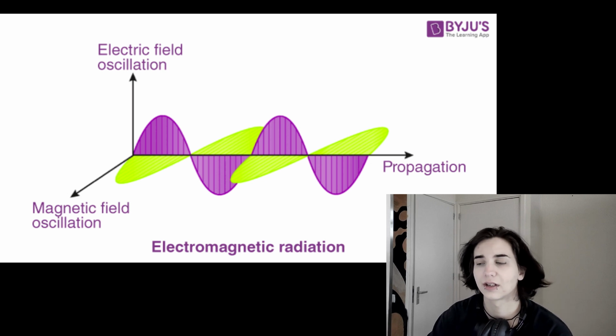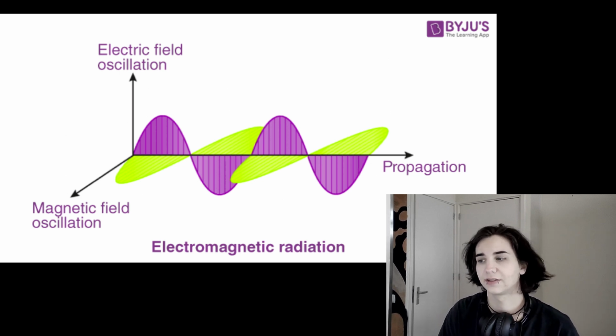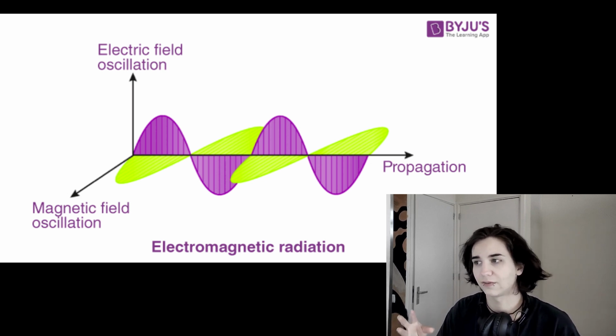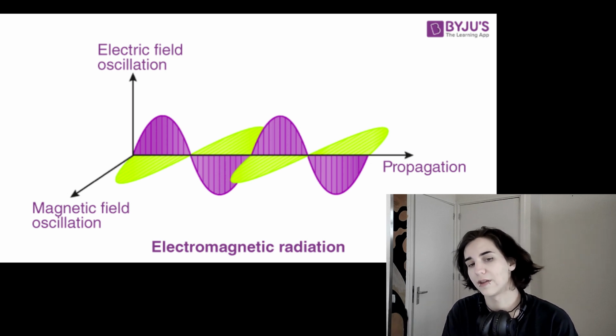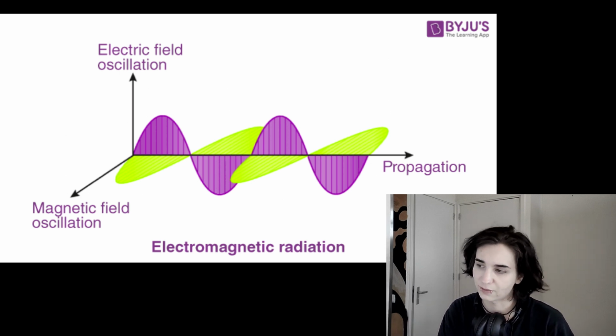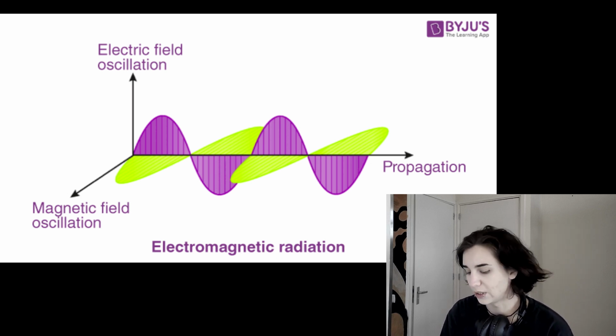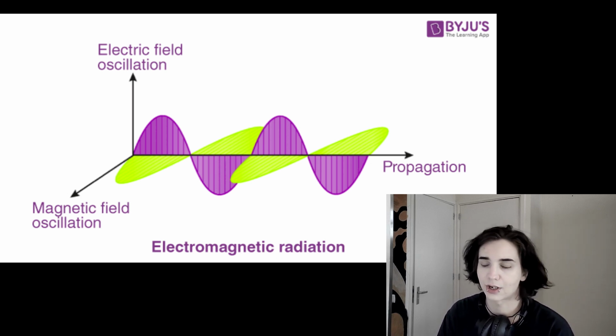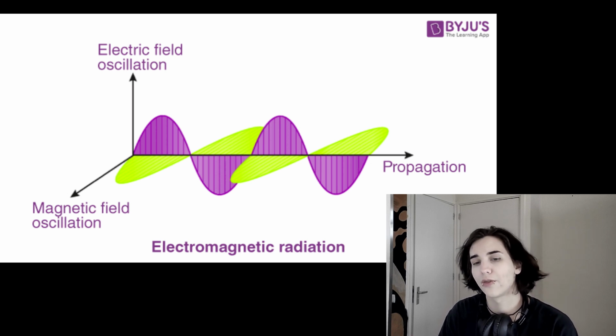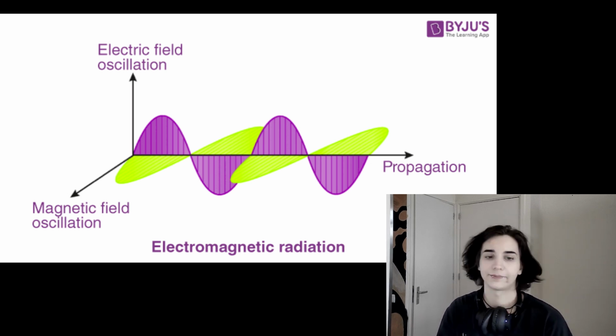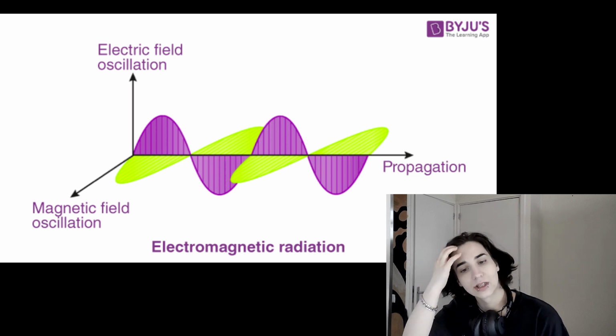Another thing is that it has to be in a vacuum. The current has to be in a vacuum, otherwise there will be friction. The electrons would have friction with the air and there will be no acceleration, and therefore no photon emission.